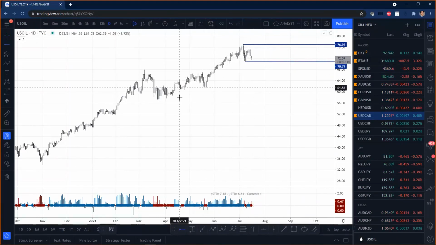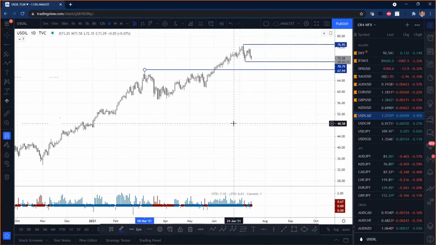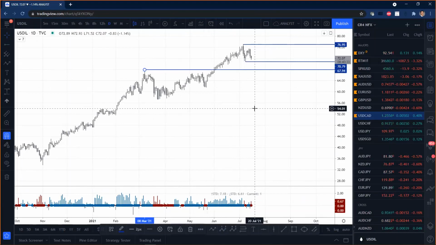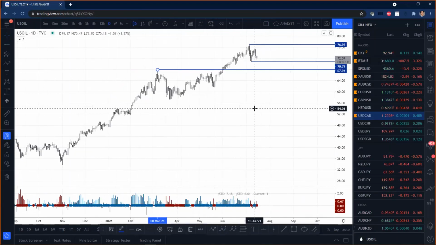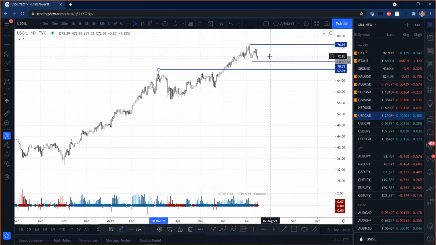If you draw your eye to this prior high here, it's around 68. So even if you go short here on the break, or if you have another retracement to put in a lower high and then another move to the downside, then that could be one target you could consider at 68.